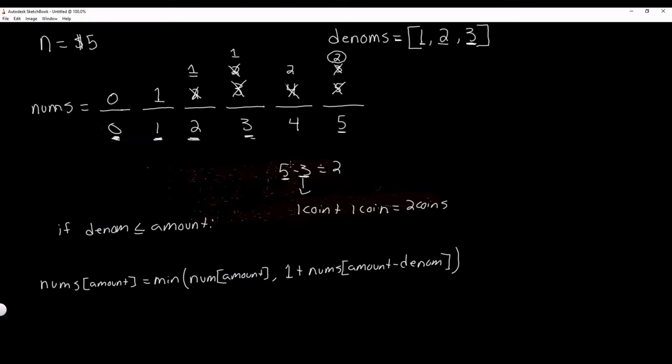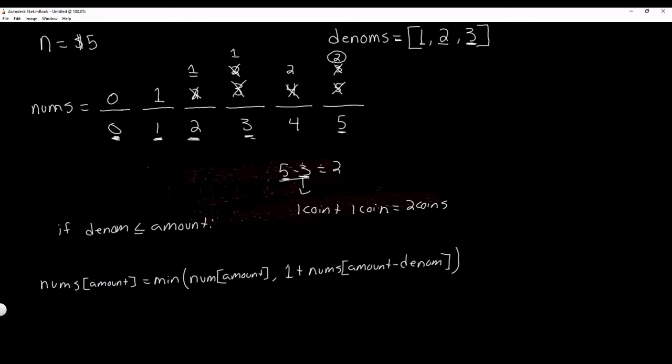We had to first check if our coin denomination was less than or equal to our target amount of money, which in this case is $5. So we had our coin denomination of $3. We checked if it was less than or equal to $5. It was, so we had to find the minimum number of coins necessary to make change for $5. And we did this by subtracting our coin denomination of $3 from the target amount, which is $5. And we did this right here.